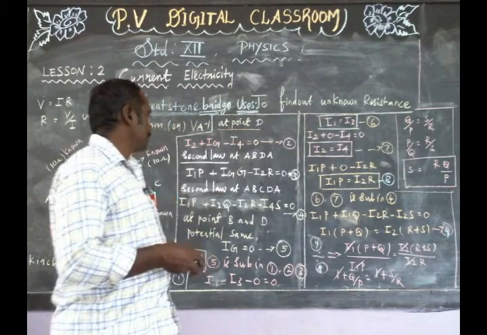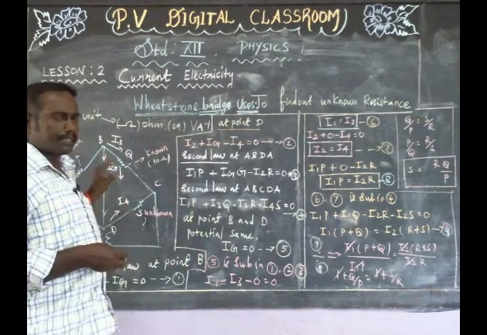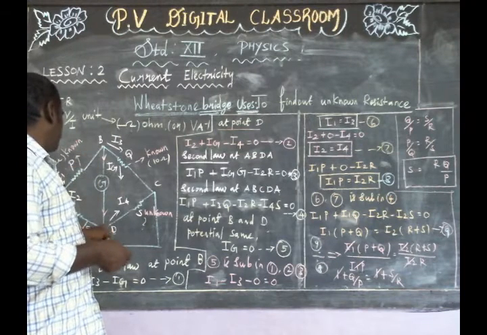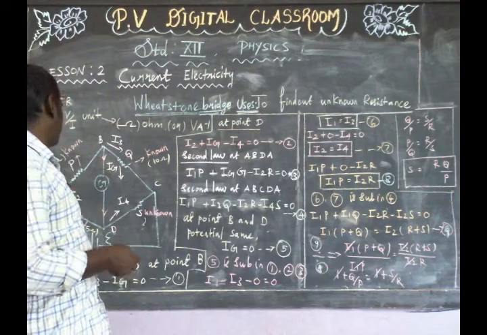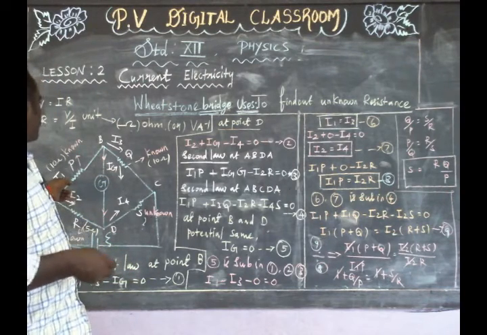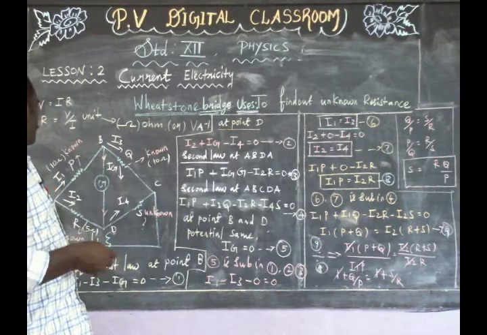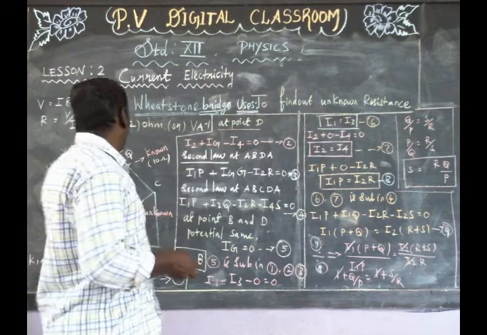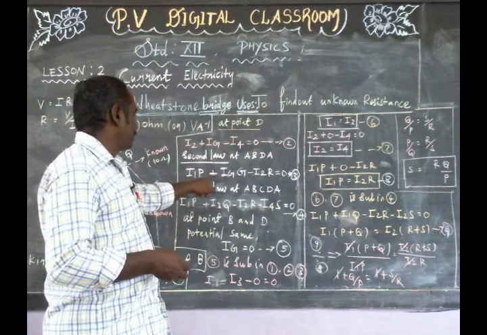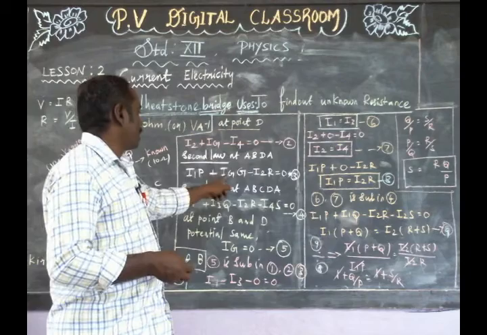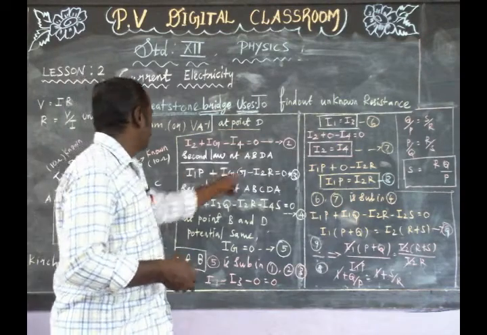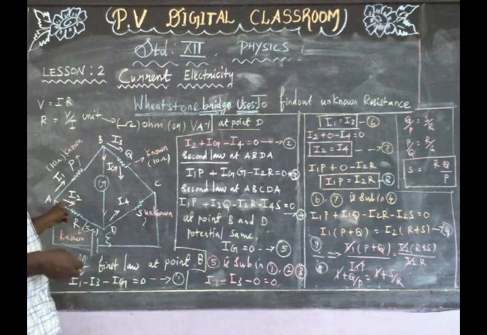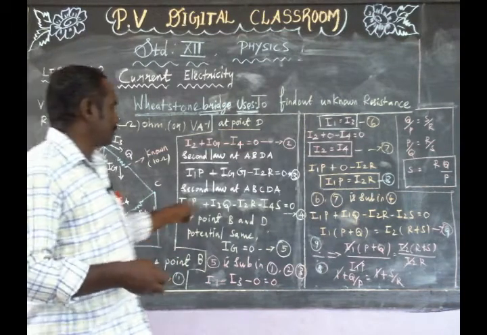This is equation 2. Applying Kirchhoff's second law, electric network A, B, D, A. Already we know the second law: the sum of products of current and resistance is equal to EMF. So I1 P, clockwise direction positive, I1 P plus Ig G, minus, anti-clockwise direction taken as minus current, I2 R is equal to 0.